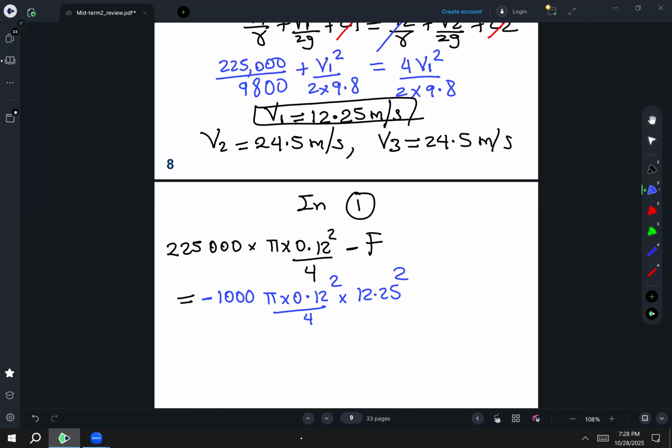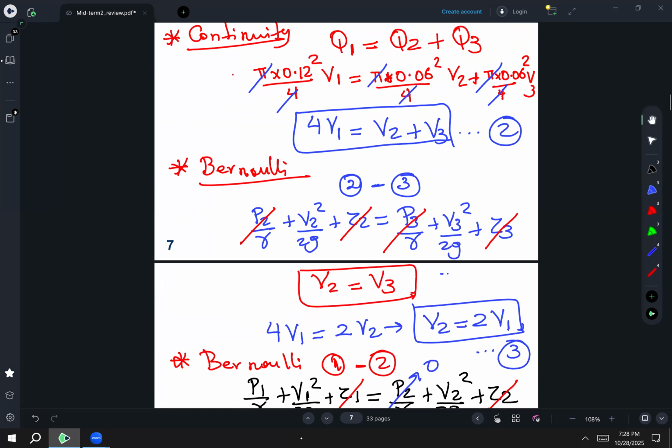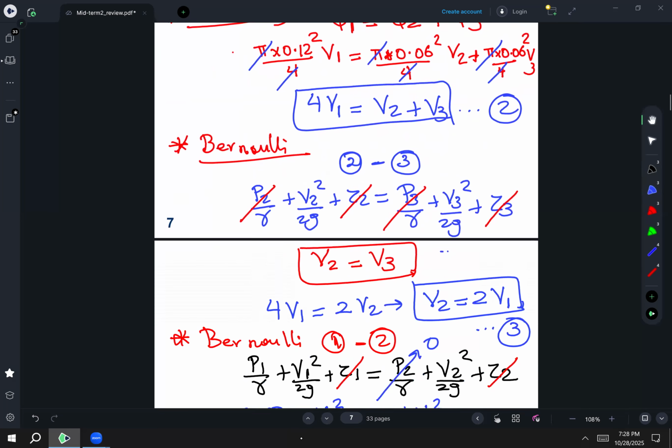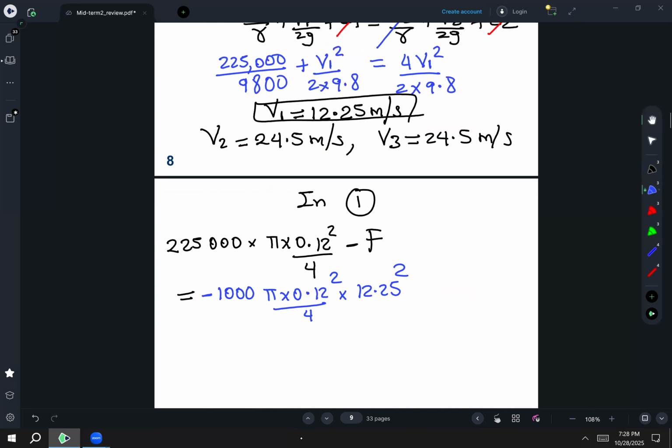So velocity 1 is 12.25 squared. Okay. And then we have plus density 3 times area 3. So we have plus density, which is going to be 1000. Area is pi times 0.06 squared divided by 4 times sine of 45 degrees and times velocity 3 squared. So velocity 3 is 24.5 squared.